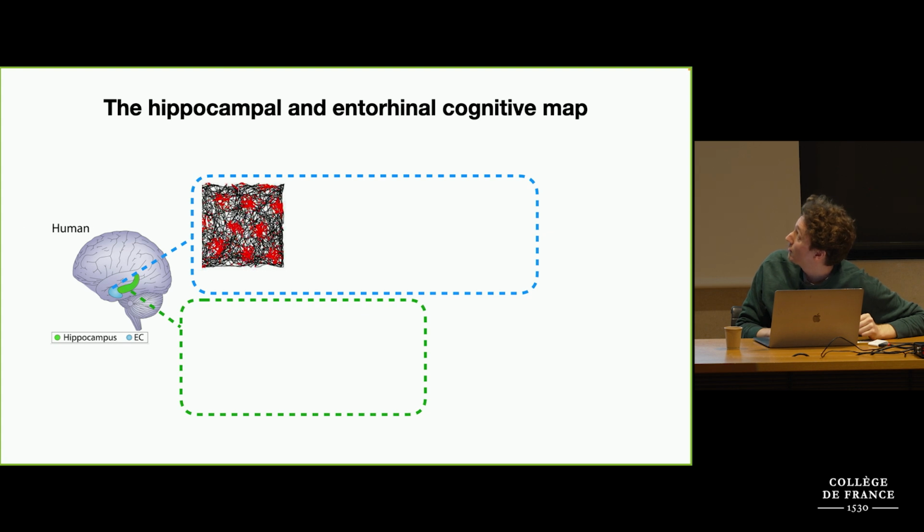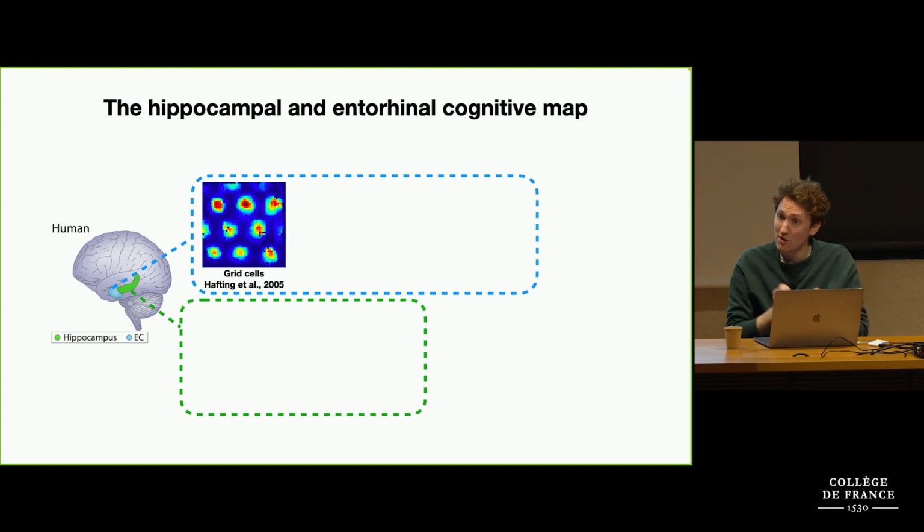So we're looking at all of the red dots for just one particular cell. And we can see that this cell likes to be active on this triangular grid. We can convert that into a rate map, and we can see that this cell, again, likes to fire on a triangular grid. And there are lots and lots of other cells a bit like this, and they're called grid cells, and they're found in entorhinal cortex, part of the brain, on the side.